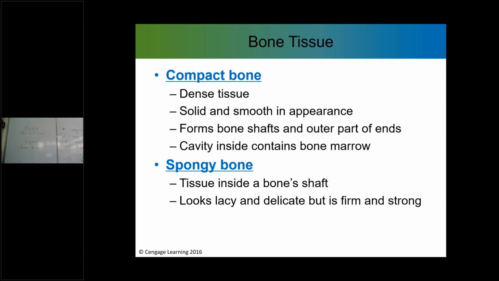So write this down. I'll put it up here for you all. Marrow, red, yellow. Yellow, adipose tissue. Red produces blood cells.